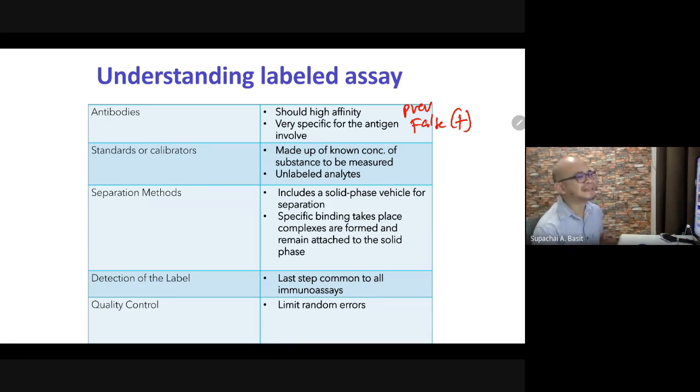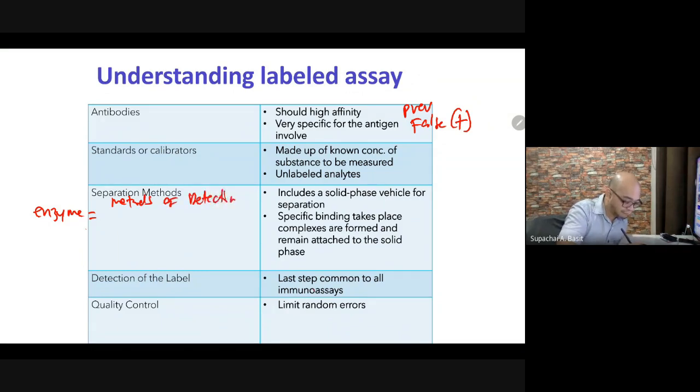How do we detect label? If we are using enzyme, the method of detection is a photoelectric method, such as a spectrophotometer.